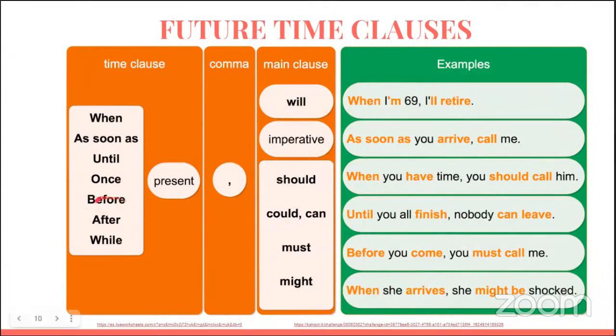The next one, before, followed by the simple present, comma, and modal must. Before you come, you must call me. And the last one, when, followed by the simple present tense, a comma, and might. When she arrives, she might be shocked. Yes. So this is how you form future time clauses.